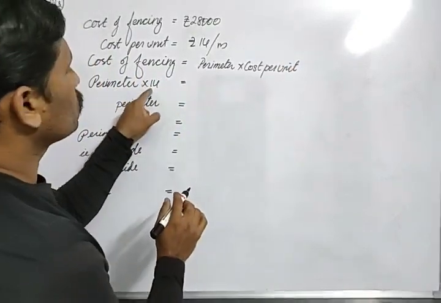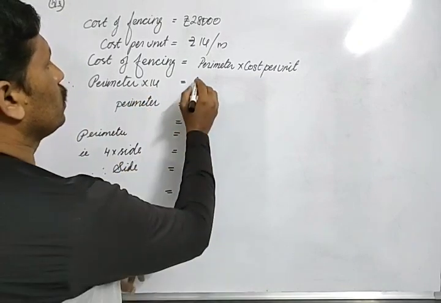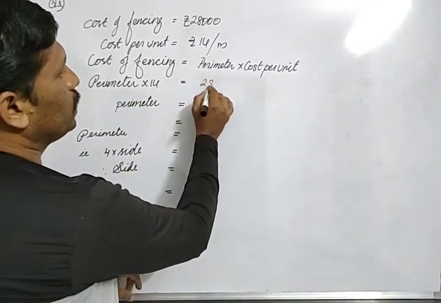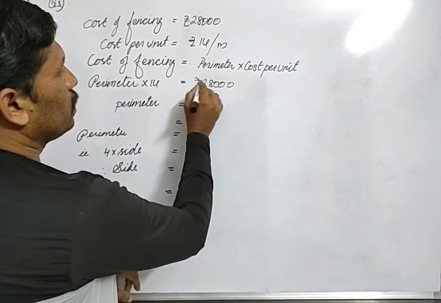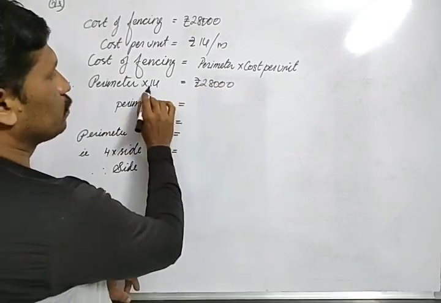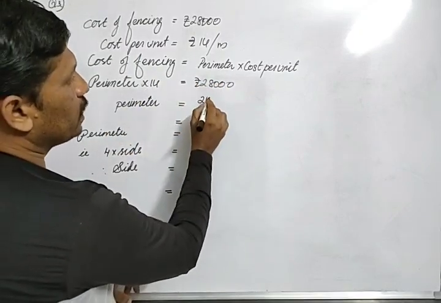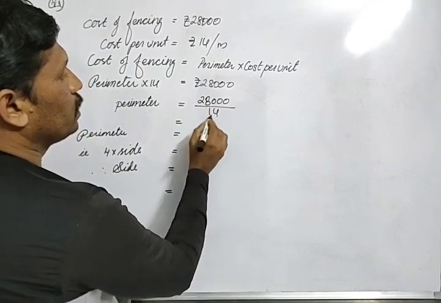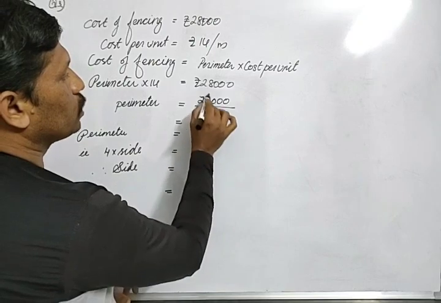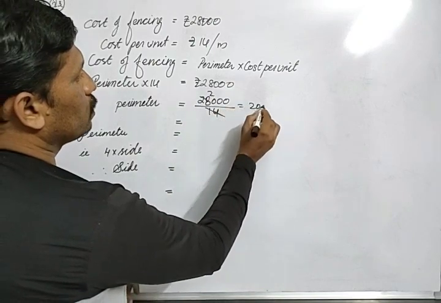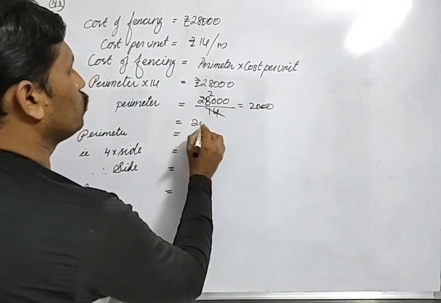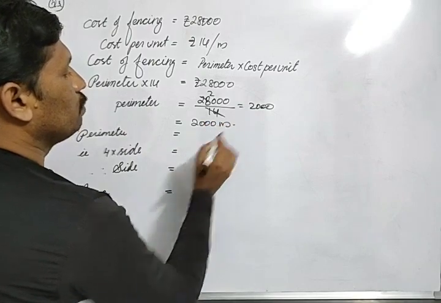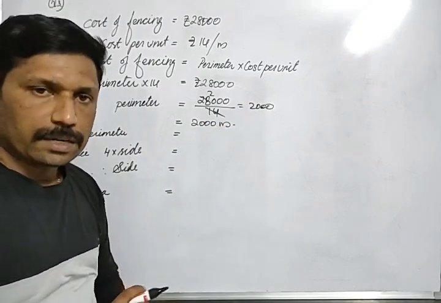So perimeter into 14 is equal to cost of fencing, that means 28,000 rupees. Therefore perimeter is equal to 28,000 divided by 14, because this 14 we bring to the other side, then it changes to division. 14 2s are 28, so 2,000. So the perimeter is equal to 2,000 meter.